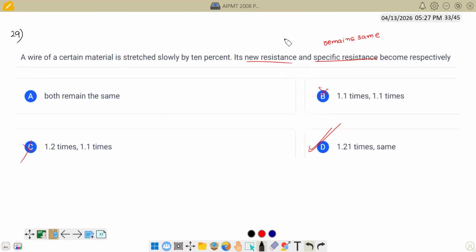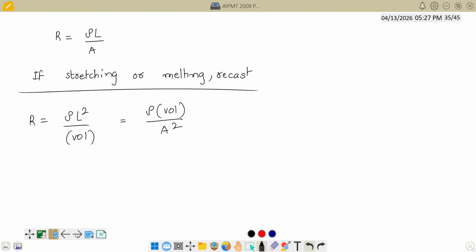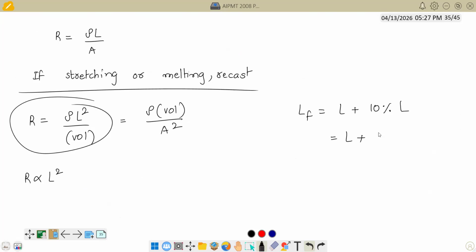For example, in this question, he has said that it is stretched slowly by 10%, which means the length increased by 10%. So I have to use this formula. We can write resistance proportional to L square. The final length is the initial length plus 10% of the initial length. So 10% is 10 by 100 times L, so I'll get L plus 0.1 L, which is 1.1 L. Based on this, R2 by R1 equals L2 by L1 whole square.